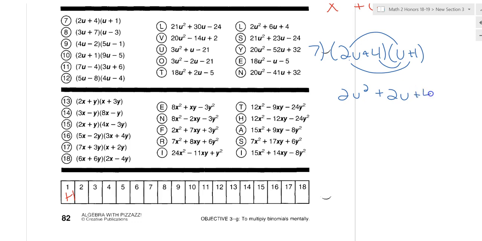Inside, and last. Again, we have to combine these. So we get 2u squared plus 6u plus 4. So number 7 is L.